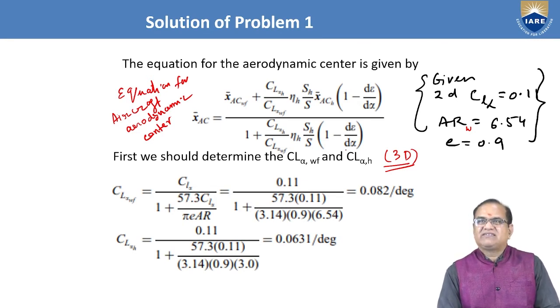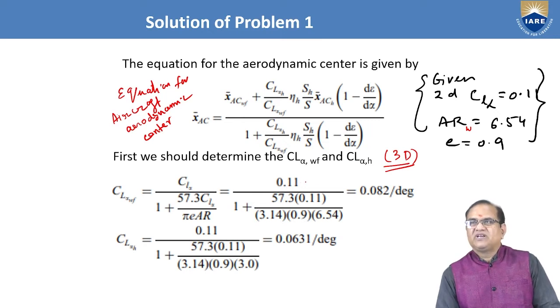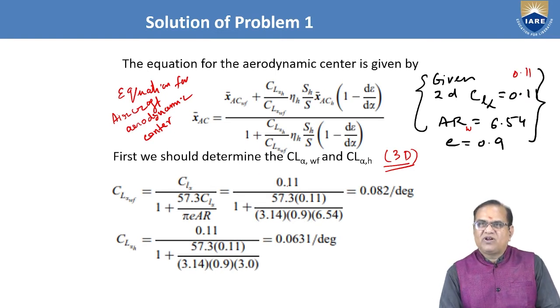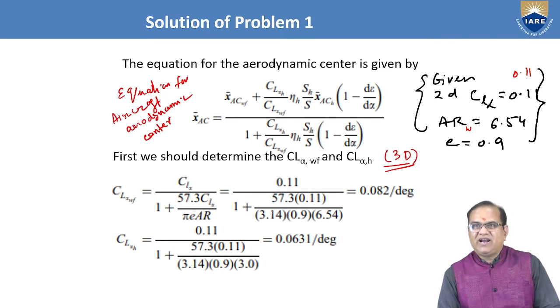So here it is given that CL alpha is equal to 0.11. So 0.11 divided by 1 plus 57.3 times 0.11 divided by pi, 3.14.